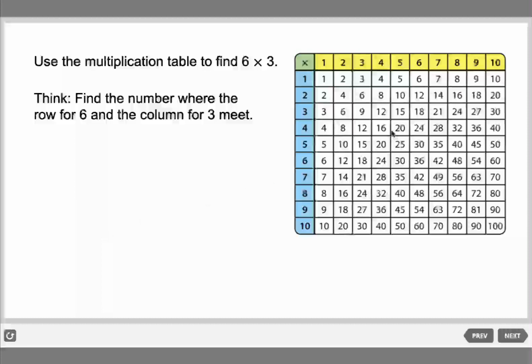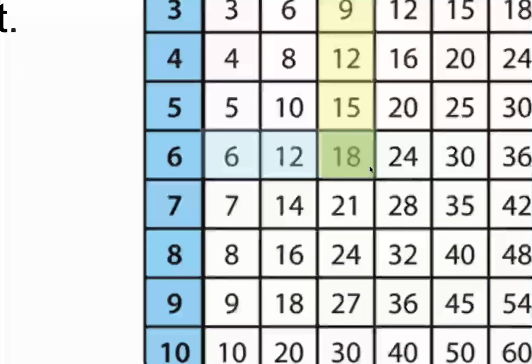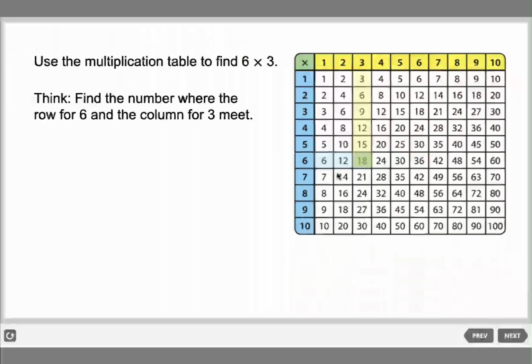Here on the multiplication table, we have the row for 6 and the column for 3. They meet where? 18. So, that's how we use the multiplication table.